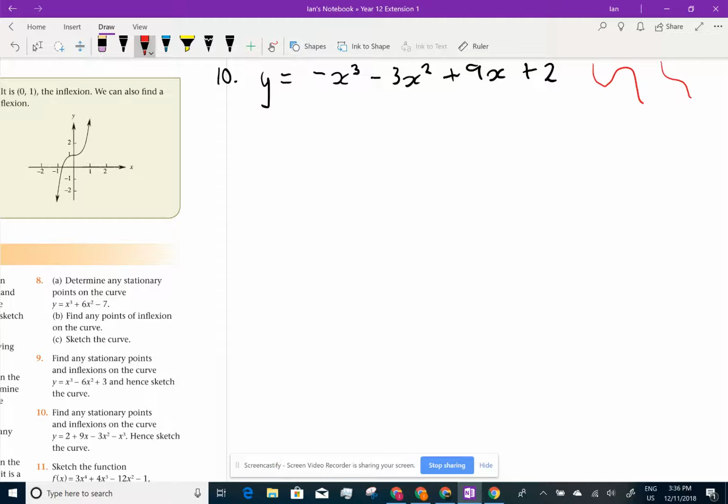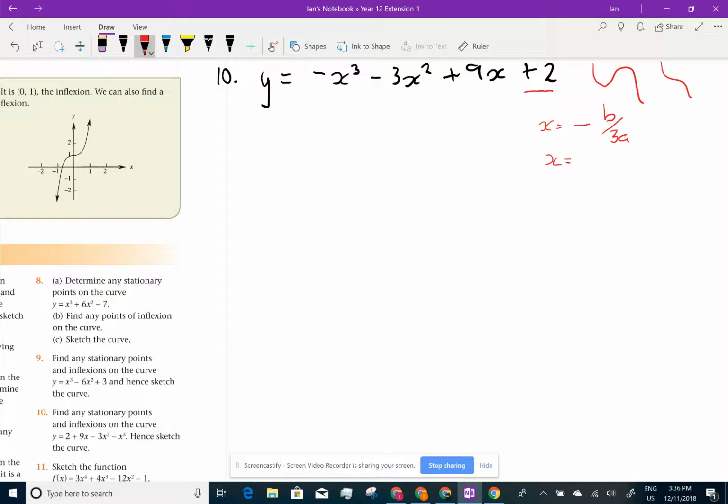Now remember, the y-intercept, there it is, and also a hint for the point of inflection is x equals minus b on 3a, and we'll check that out. So it should be minus 3 on minus, so minus 3 is positive 3 on 3 times minus, so it should be minus 1.